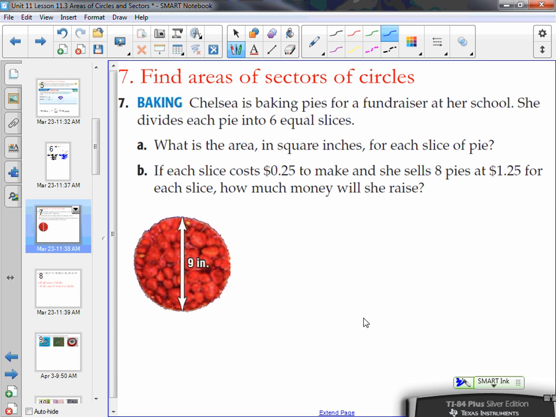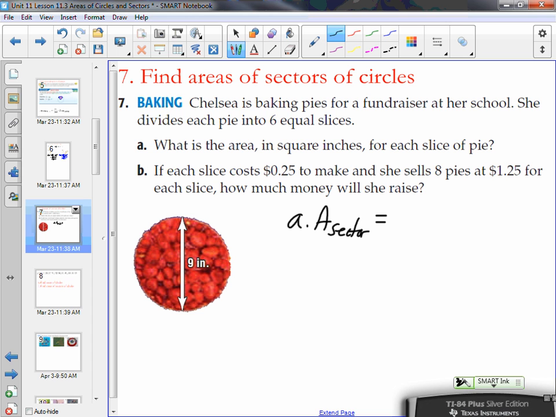What is the area in square inches for each slice of pie? All right, so let's do part A first. Each slice is going to be a sector. So the area of the sector equals. Now, I want to deviate from our formula a little bit. That m over 360 was so that we could figure out what fraction our sector was of the entire circle.